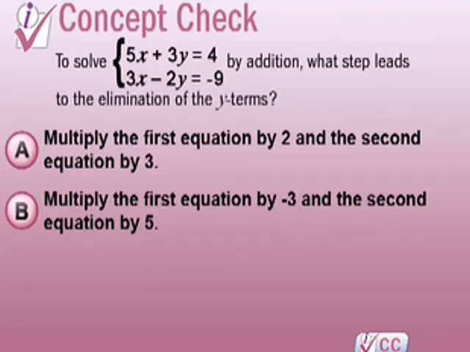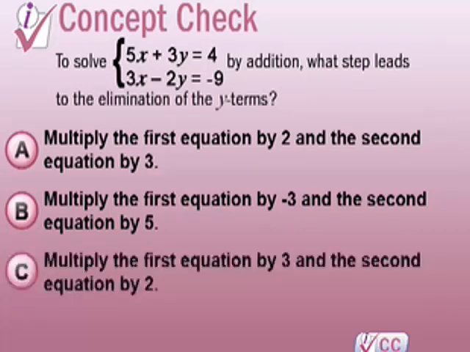Is it choice B, multiplying the first equation by negative 3 and the second equation by 5? Or is it choice C, multiplying the first equation by 3 and the second equation by 2? This video will stop, then take a moment, see what needs to happen for the y terms to be eliminated, and make your choice.